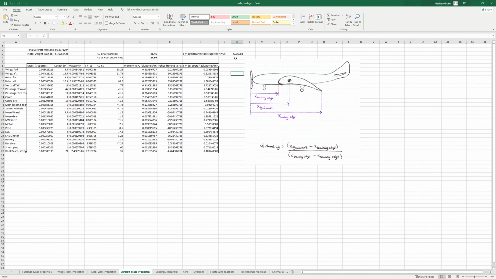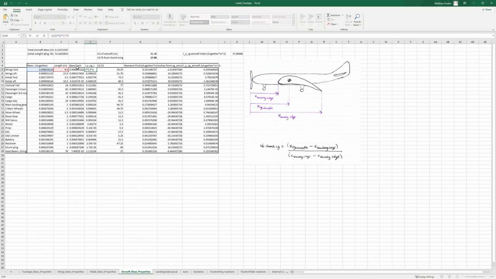Now in terms of that calculation, for each of these components, we have its mass, we have its length, and the IY of an individual component, because we're estimating it as evenly distributed mass in the shape of a rod or a plate, that IY about the CG of the actual component itself is just 1/12 times the mass of that component times the length of it squared.